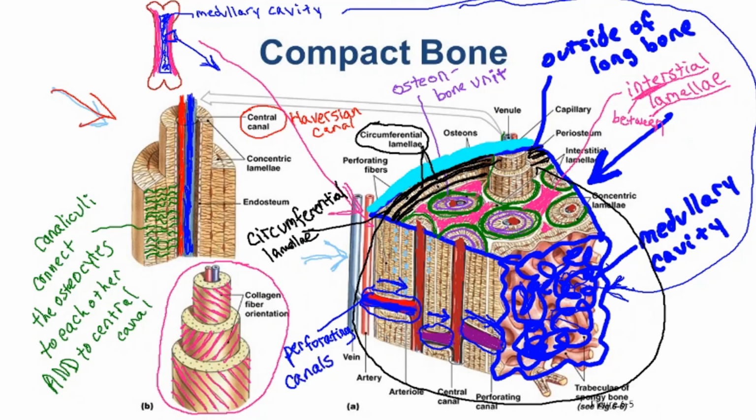Because they perforate or penetrate through all of those layers of lamella to get to the next osteon. So they connect the central canals of each osteon to each other.